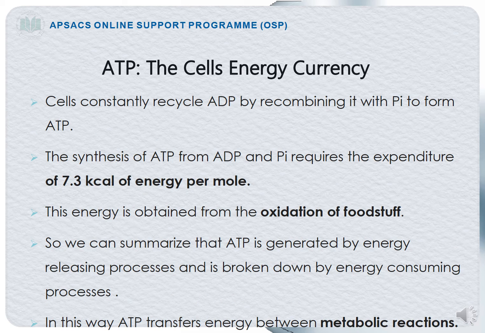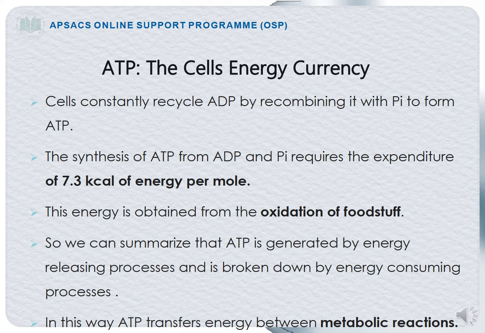Now cells constantly recycle ADP by recombining it with phosphate to form ATP. Like when the bonds between the phosphates are broken down, ADP is formed and then AMP is formed, but even then they will recombine with another phosphate to form ATP.